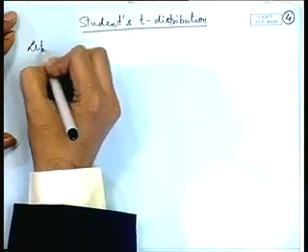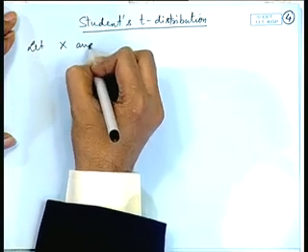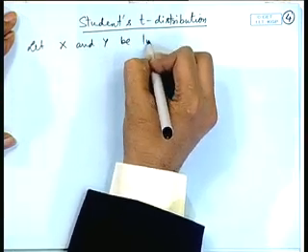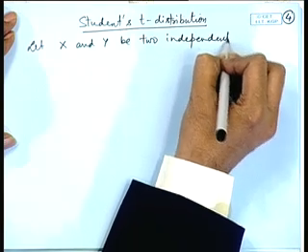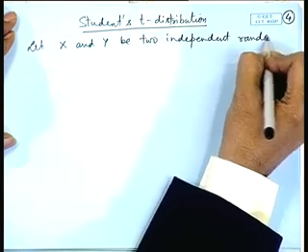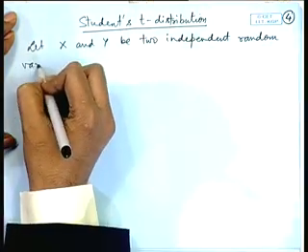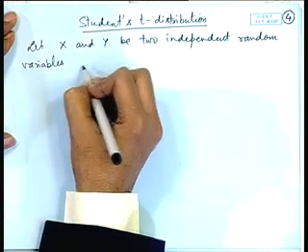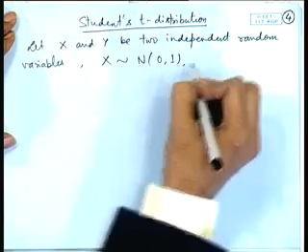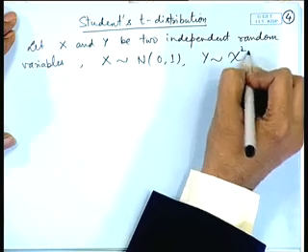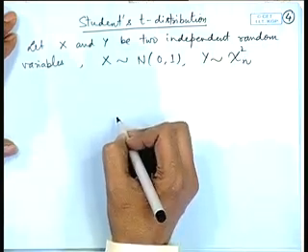So, let X and Y be two independent random variables. Let us assume that X follows a normal 0, 1 distribution and Y follows a chi-square distribution on n degrees of freedom.